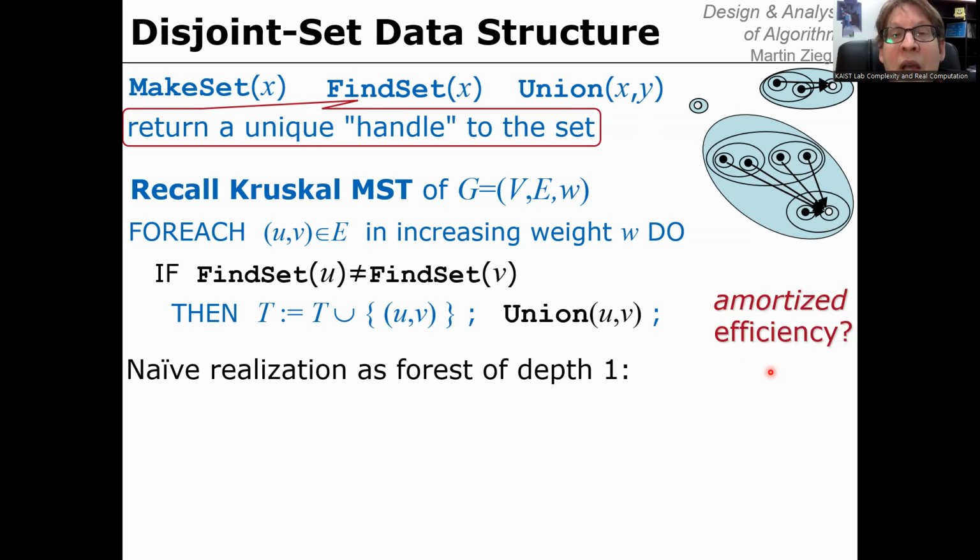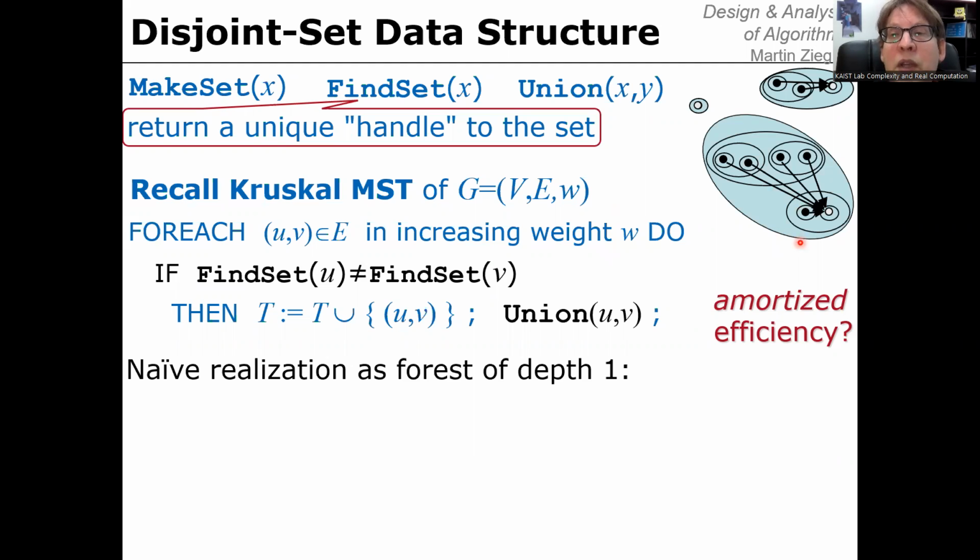But the disadvantage of this first approach is that the union operation becomes pretty costly. Maybe in the union operation, let's say the user wants us to calculate the union of this set and this singleton set. Well, now we have to break ties.